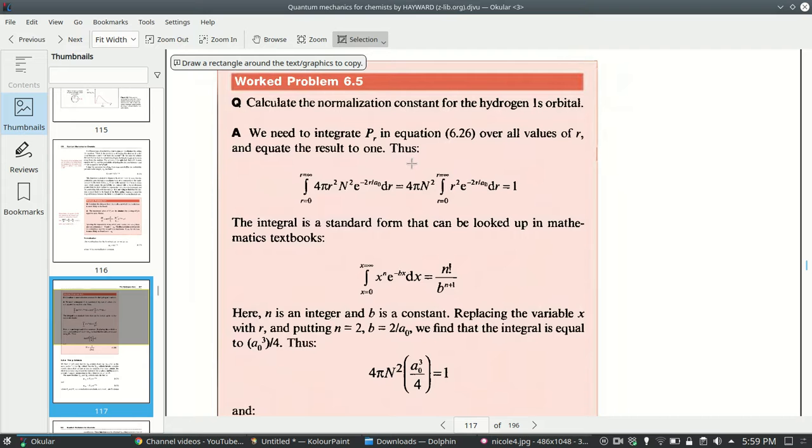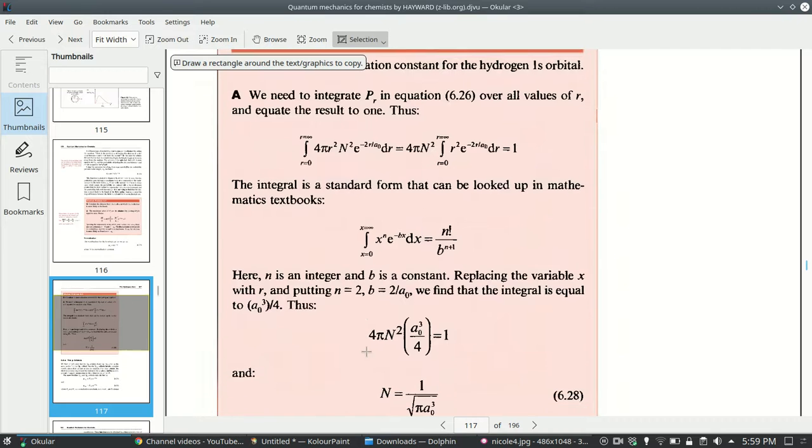This is for the 1s orbital. There n is equal to 2. Okay, so this n is not the same n as this one here. Okay, so this is the same one. We're going to use exactly the same thing. All right, so this n is equal to 2, and the b is equal to 2 over a naught, and you end up with this.